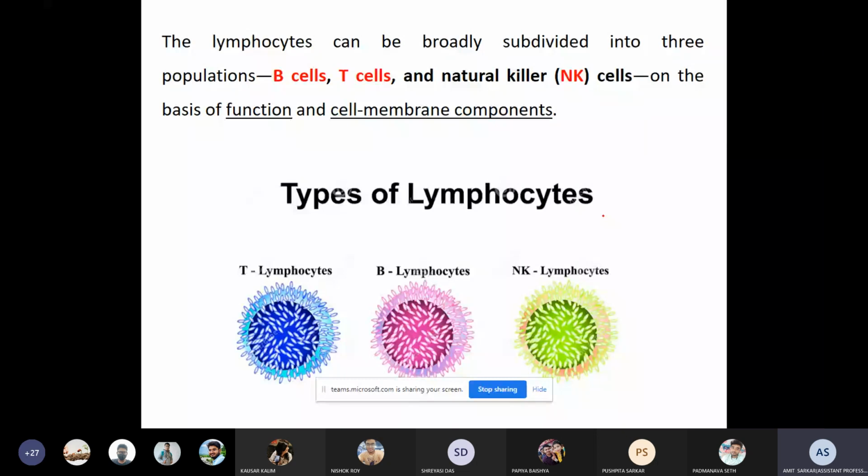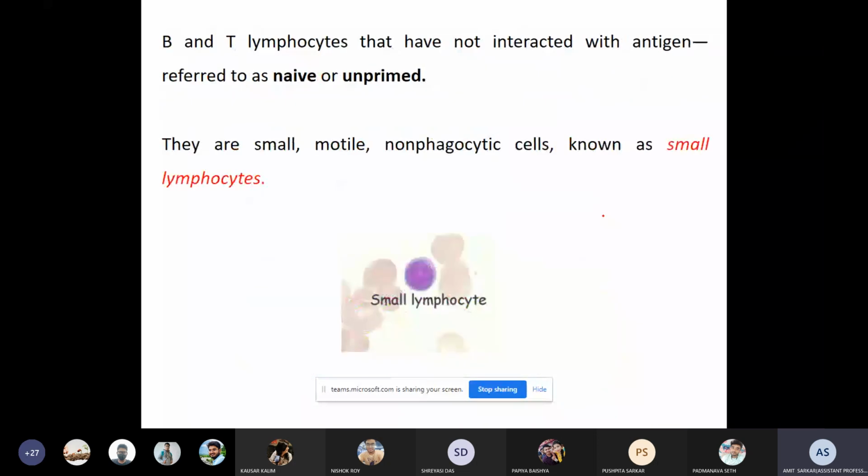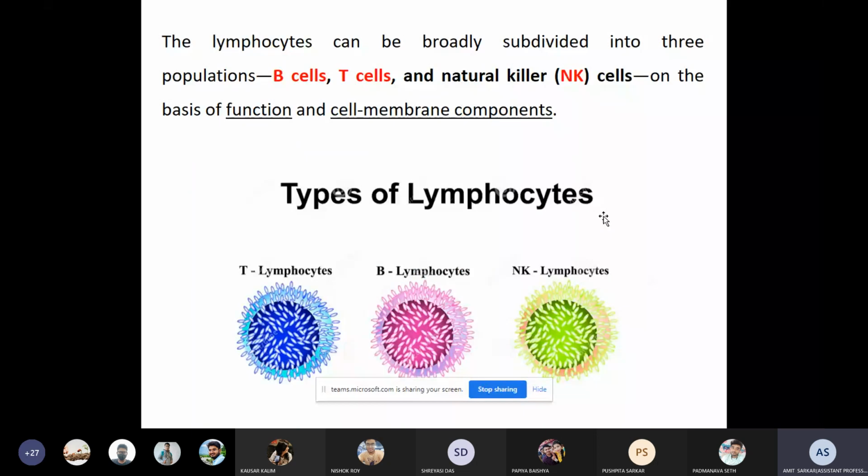But not only that, the cell membrane also contains different types of proteins and different types of molecules. So based on that, we can say this is a T lymphocyte, this is a B lymphocyte, and this is NK. That means T, B, and NK cells are different in terms of their cell membrane components, and they are also functionally different from each other. So we have seen three different types of lymphocytes.